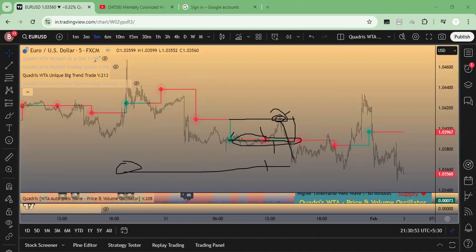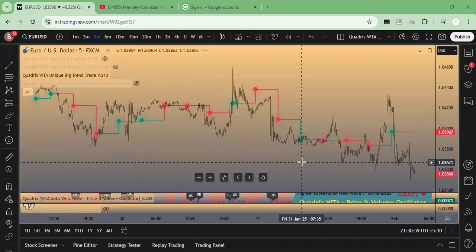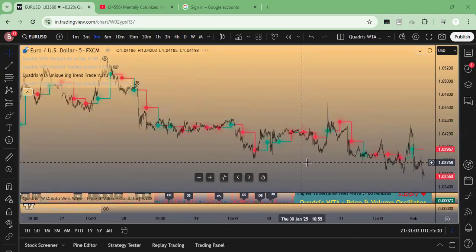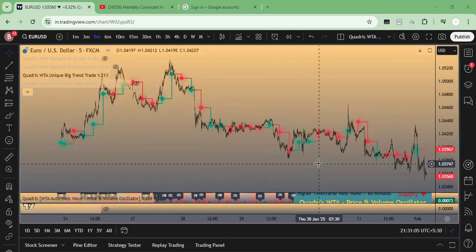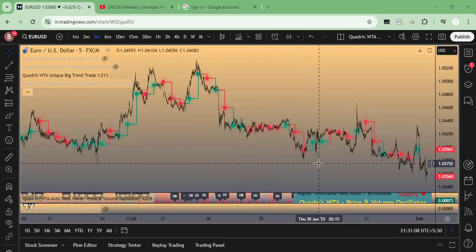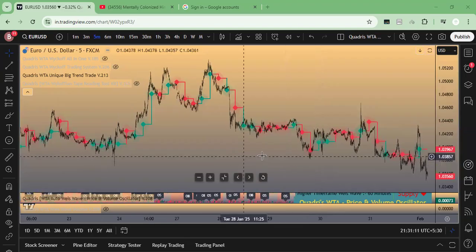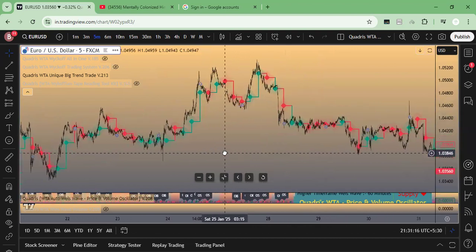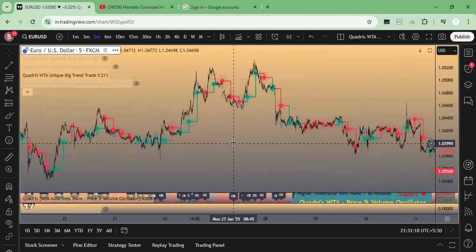So let us zoom out and see what we have at this particular transaction, whether we have a certain level or not. If there is no level, then we will not go for a trade, because we believe in trading based on previous history.